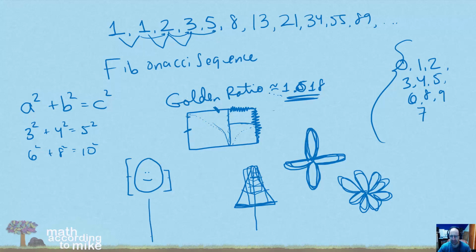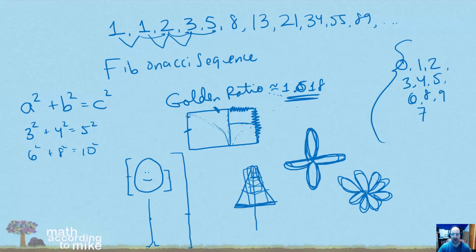If you took the body, here's the feet. If you took the whole body from the top of the head to the feet and divided it by where the belly button is, down, you get approximately 1.618. If you took the arm and divided it from the fingertips to the elbow, those two numbers, you get approximately 1.618.